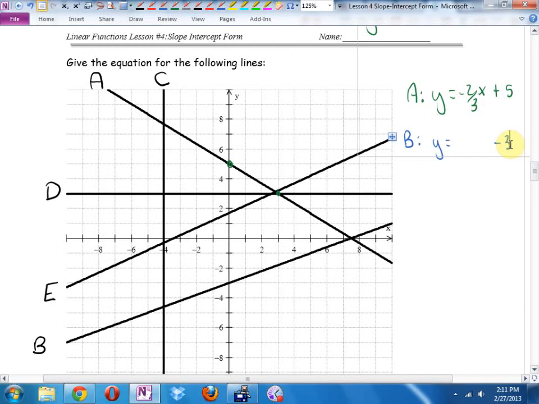Up 2 over 5. By the way, a lot of kids do this, which is wrong. What have we forgotten? The x. That's one of the most common mistakes I'll see on a test. Kids are so proud: I got the y-intercept and the slope. You've got to fit it into the form y equals mx plus b.